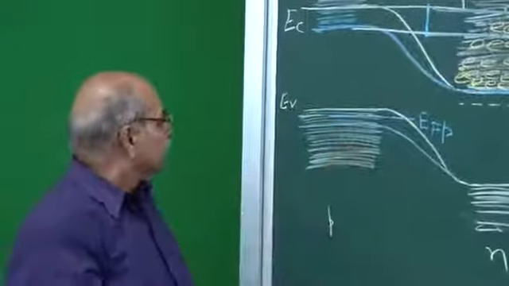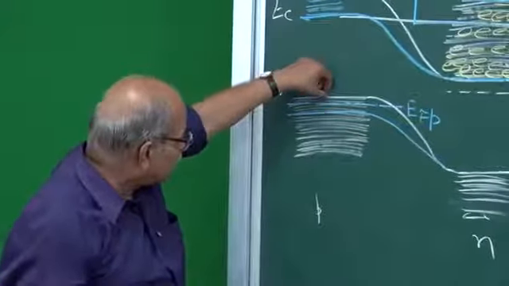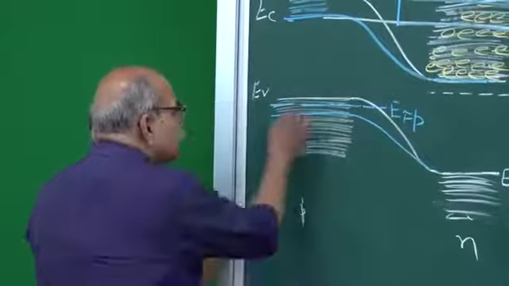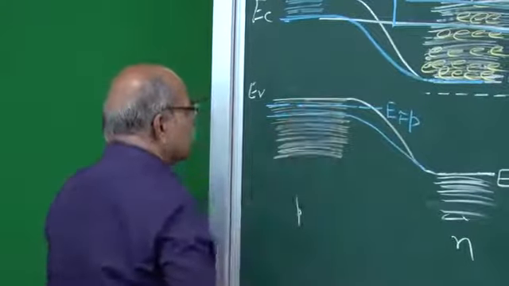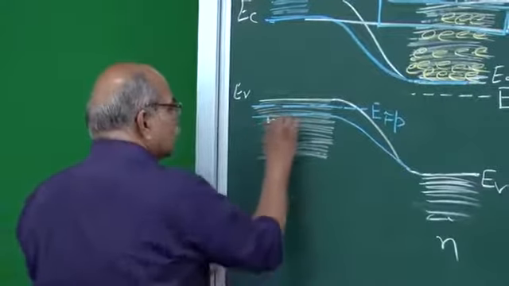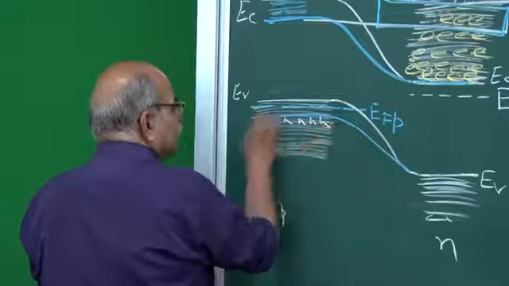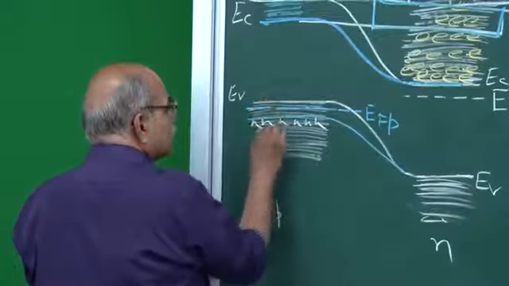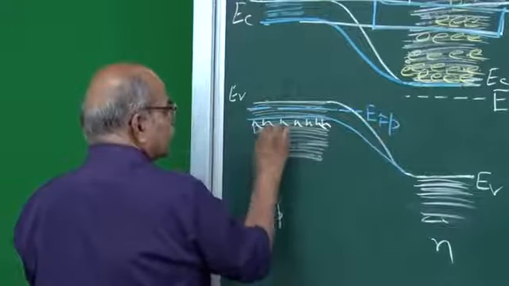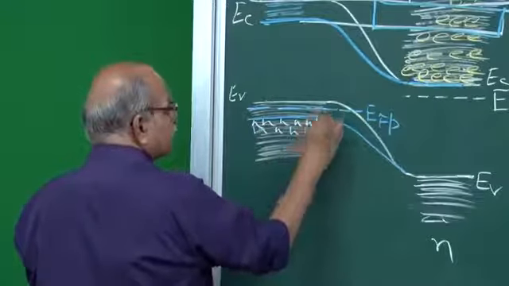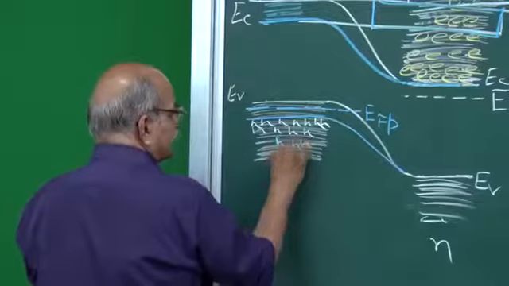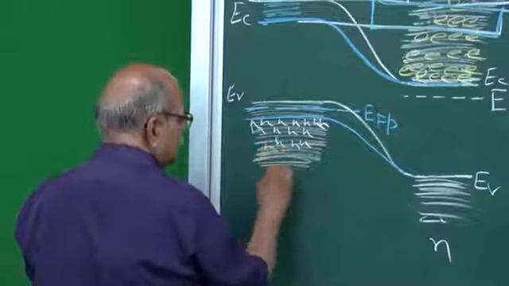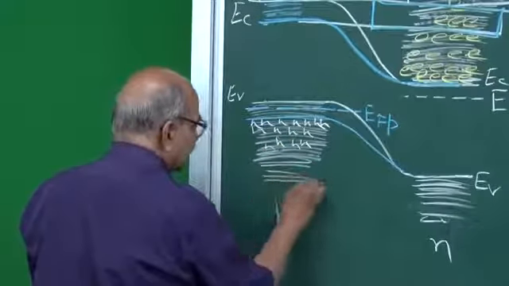If this level has gone down, then whatever holes were in these quantum states are now here. The holes now start here. So whatever the density was just below this valence band, the same is the case here. The distance from the Fermi level is the same, and therefore it will go further deep.